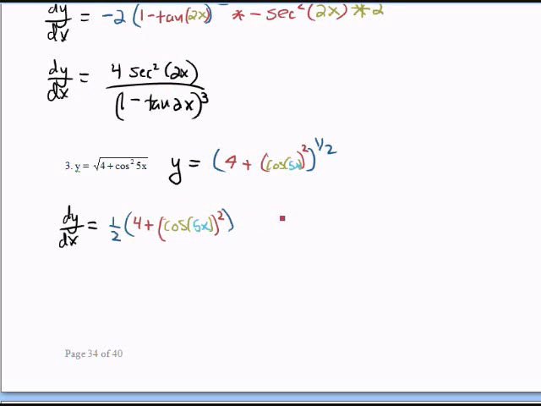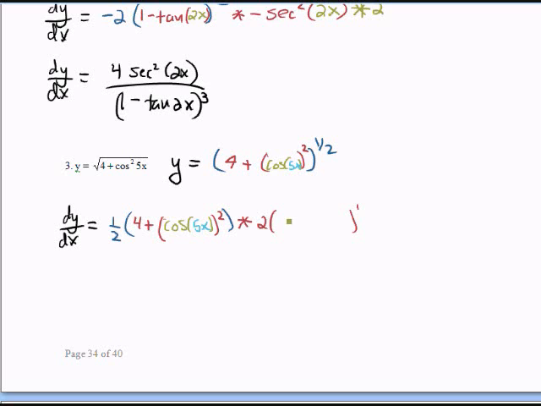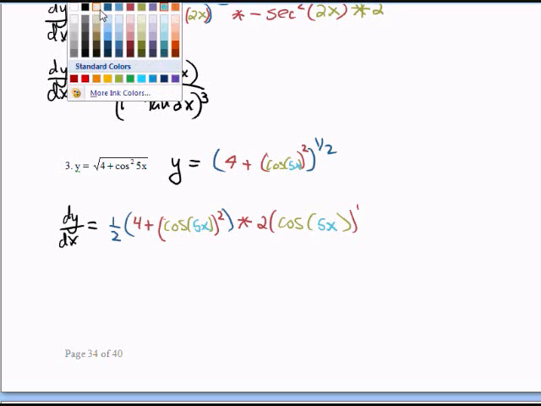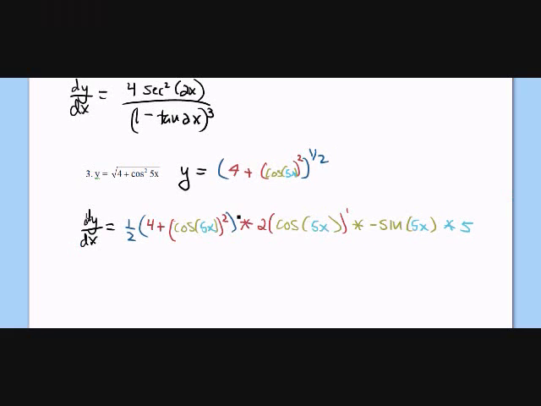Well, derivative of 4 is just 0, so it's the derivative of the squaring piece, which is just 2 times the inside, raised to the first power, subtract 1 from 2. So you get the cosine of 5x. Then you take the derivative of the next layer, which is cosine 5x, which is times negative sine 5x, times the derivative of the blue, which is just 5. And this is to the negative 1/2 power.